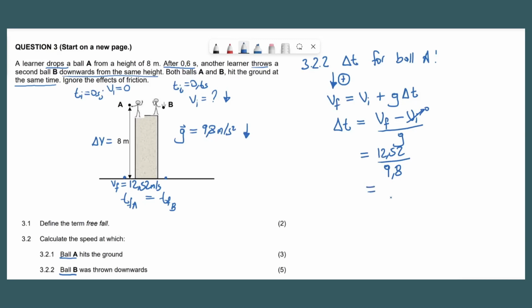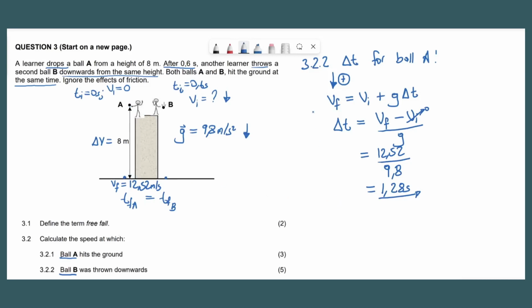And then using your calculator, you will find that the change in time is going to be 12.52 divided by 9.8, which is equal to 1.28 seconds. So this is the amount of time that ball A is going to take to reach the ground.